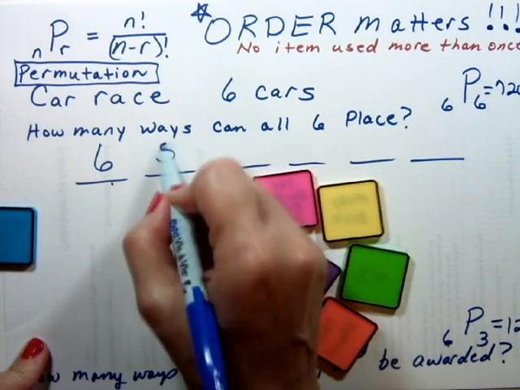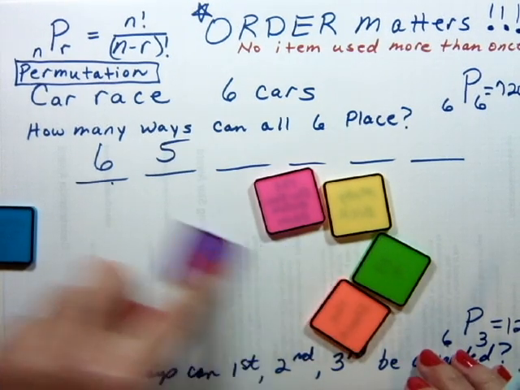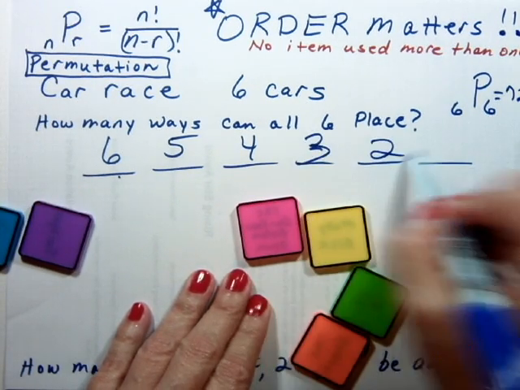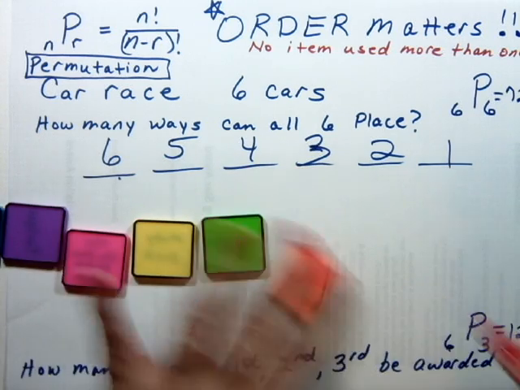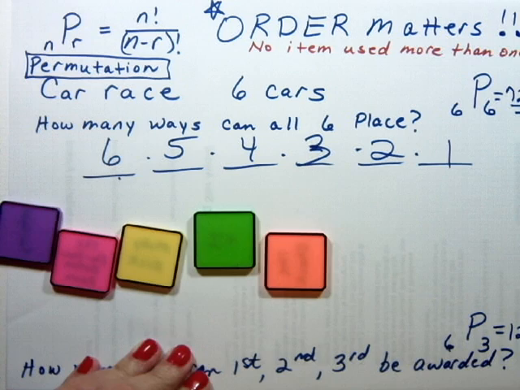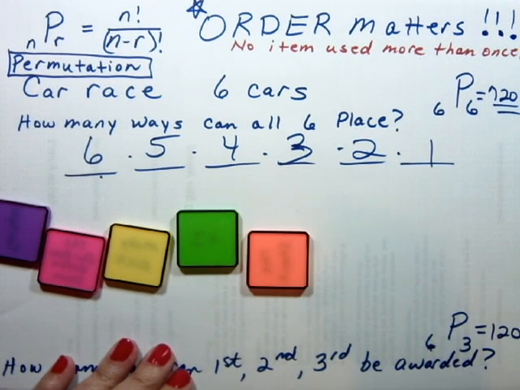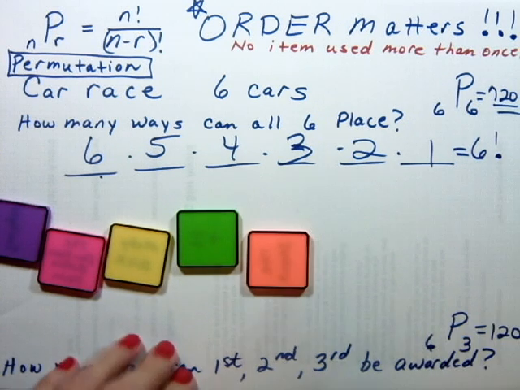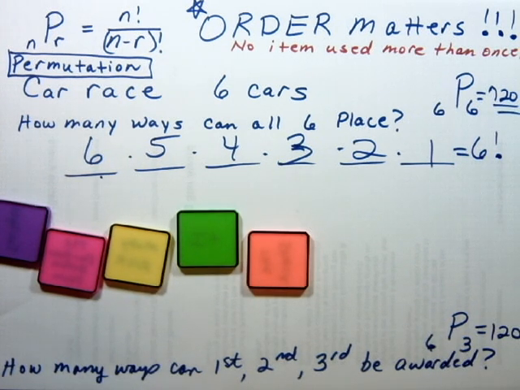I have 5 choices left. So that one comes in, and then I have 4 choices, then 3, 2, 1. And whenever I do that, I get 720. Notice that is also 6 factorial. So if you do 6 factorial, you're going to see that you get 720.